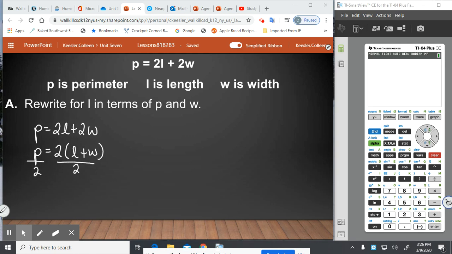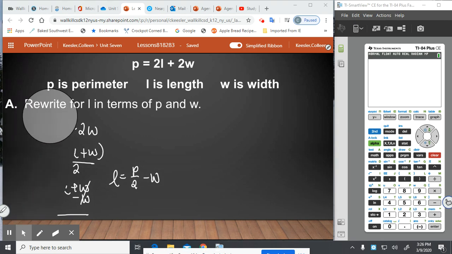So that gives me P over 2 equals L plus W. Then I could subtract the W to get the L by itself, which results in L equals P over 2 minus W. So either way works, and really if you divided both of the terms in the last example by 2, that is what you would have. So you should know that they're equivalent, and there's different ways you could do most math problems.